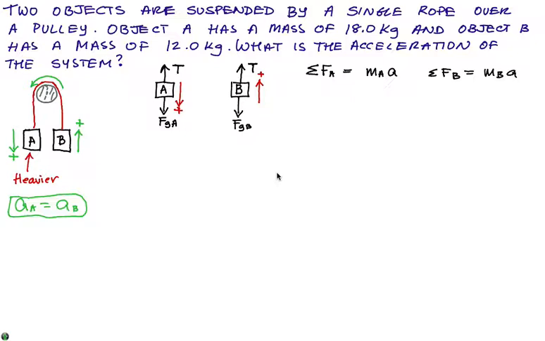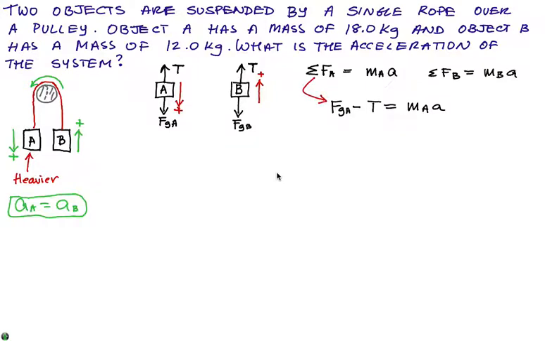Now, if I write out the sum of the forces for A, I'll do that over here. We have in the positive direction, the weight of A minus the tension is equal to MAA. So that's that.